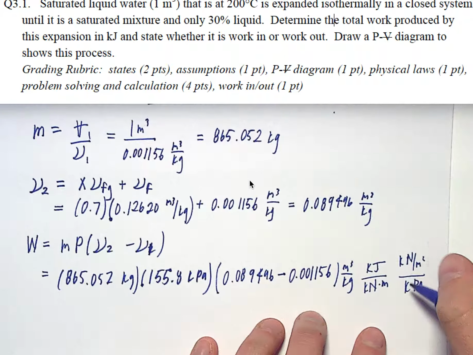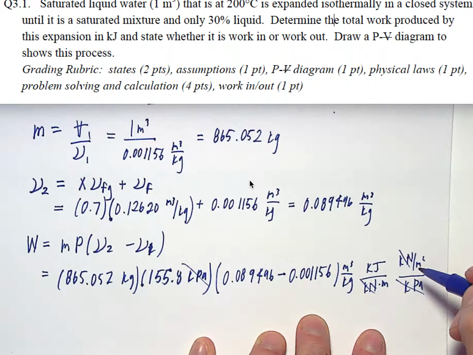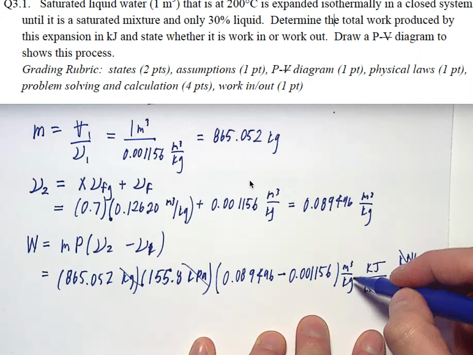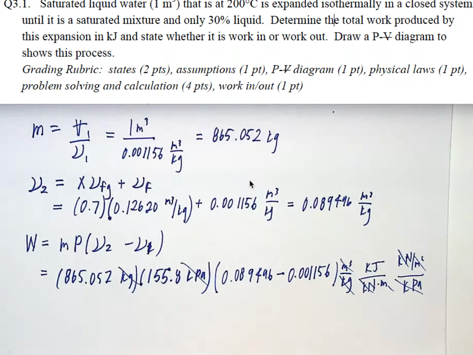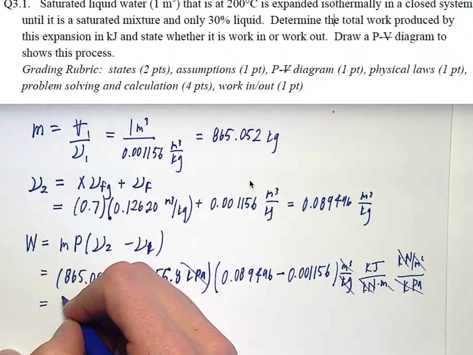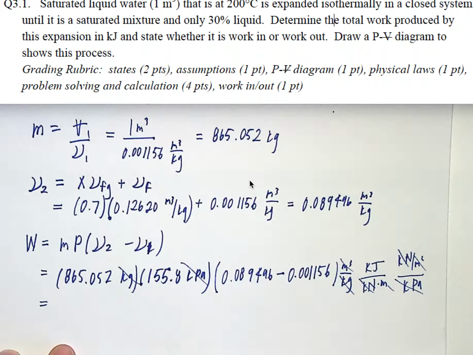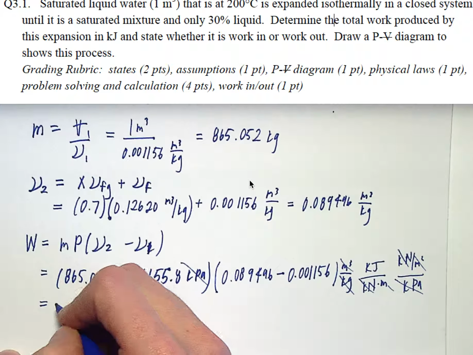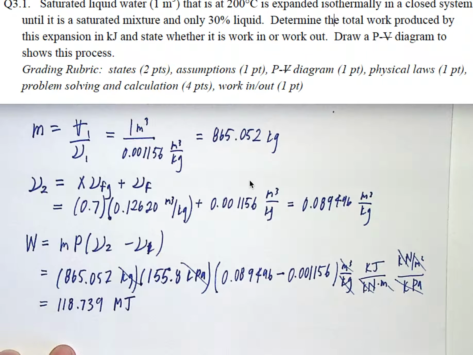Once you add that unit conversion, you can cancel out all of your units and you should be left with just kilojoules. And your final answer will come out to actually megajoules. So I could do another conversion to get to megajoules, but I'll keep it off because I'm running out of room. So the answer comes out to 118 megajoules.